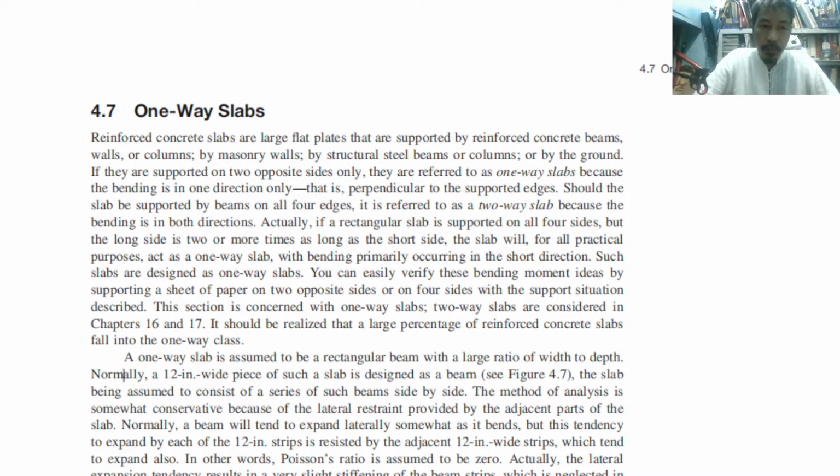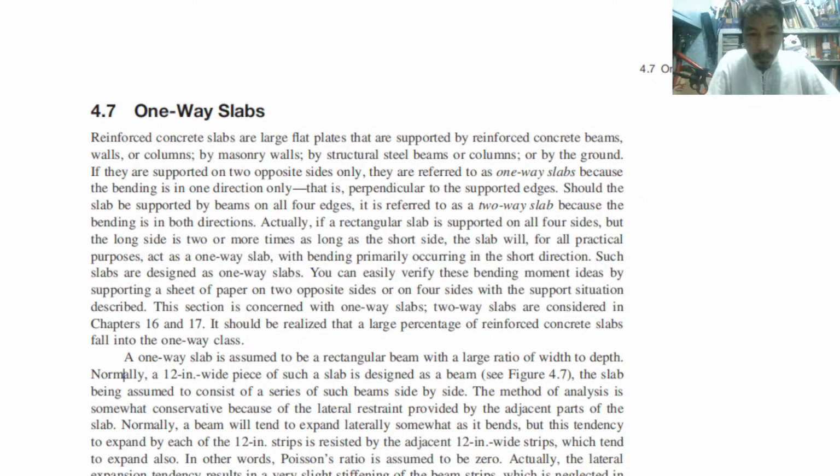It could be supported by columns directly or by walls, by structural walls. And if they are supported on two opposite sides only, they are referred to as one-way slab. So, if they are supported on two sides, that is what we call one-way slab.